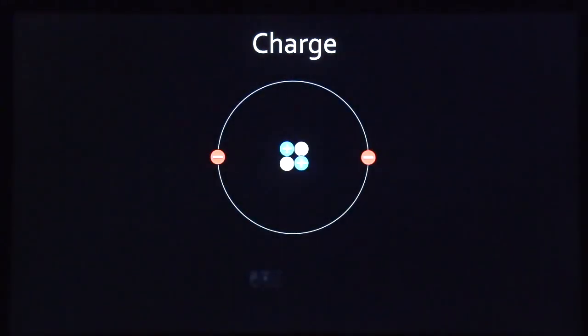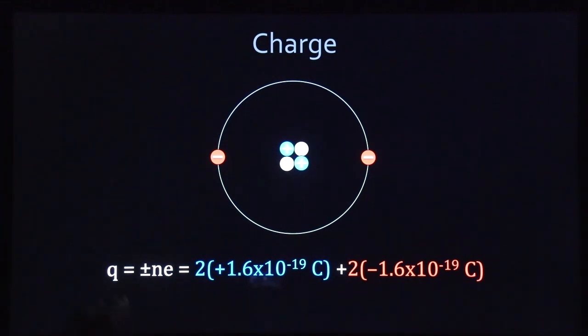So let's go back to our helium atom. How do we figure out the charge of this helium atom? Well, this is actually right here. This Q equals Ne is a formula that unfortunately is not on the reference table, but is part of the curriculum. This is the only example of a formula that's not on the reference table. The logic of it is that charge can either be plus or minus, but also this N is how many protons or electrons you have, and e is that elementary charge of 1.6 times 10 to the minus 19.